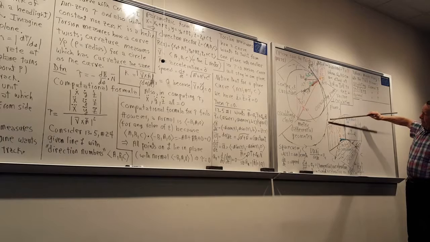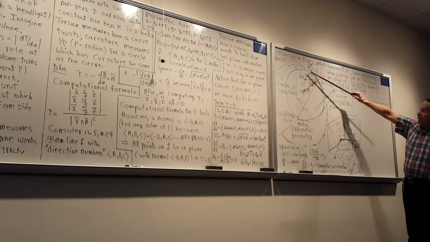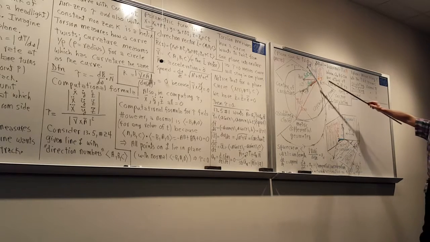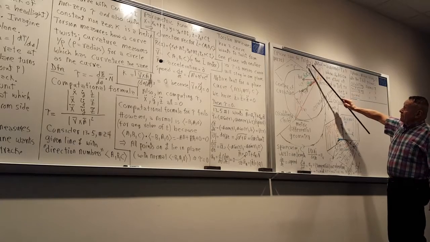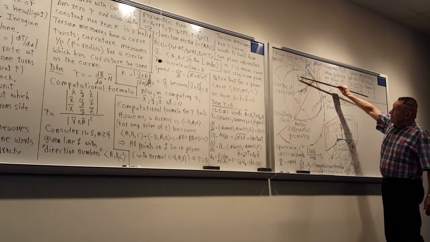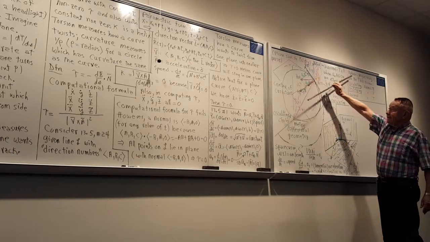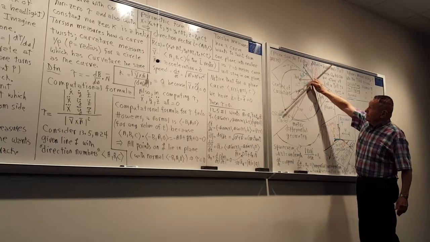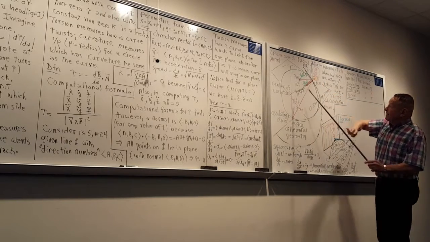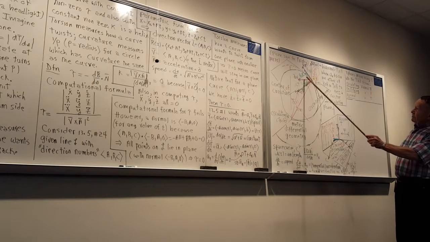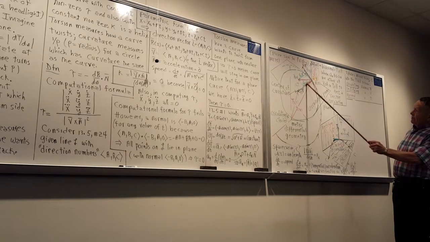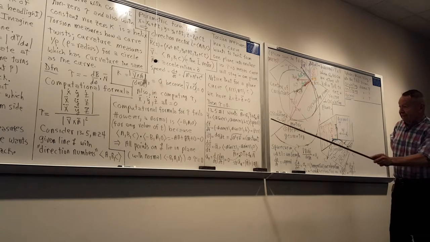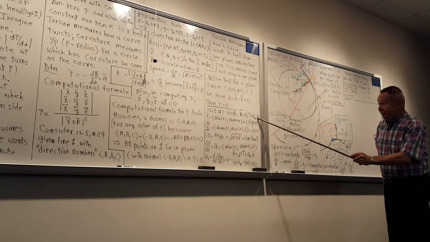So if you were thinking of curving like this, which is essentially the same as I have in this picture, your velocity would be off this way, your acceleration would be something like that, and then your normal vector pointing to the center of the circle would be something like that. So you see your acceleration then can be written as the sum of two components, the light green and the darker green. So that's what we have here.